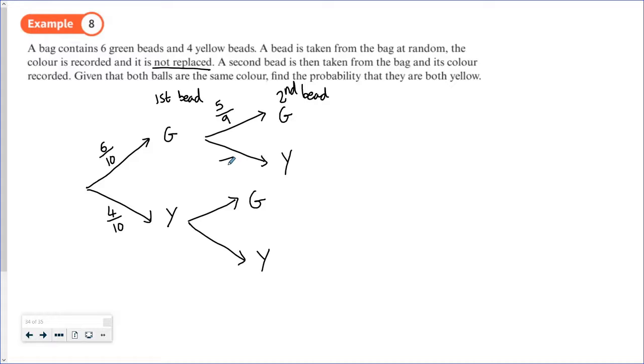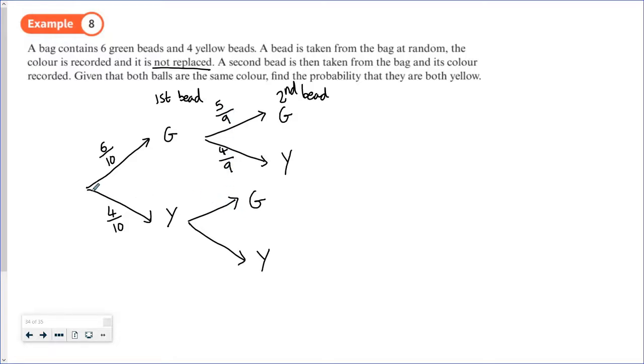And similarly, there's 9 beads left in the bag still, and the probability of picking out a yellow bead second, there's still going to be 4 yellow beads left, because I haven't taken out a yellow bead out of the bag, and we should just check that they add up to 1, which they do.